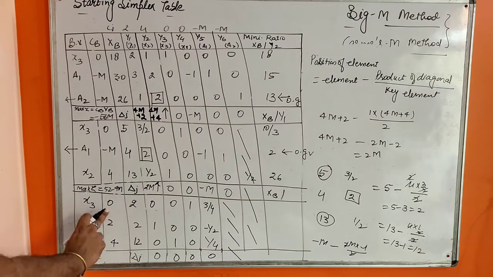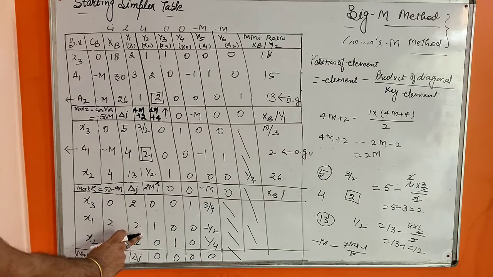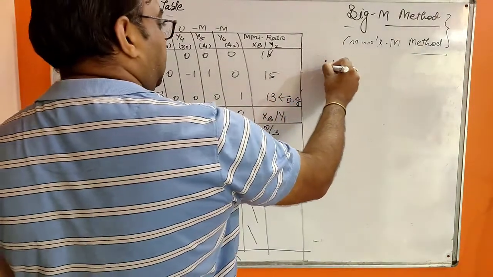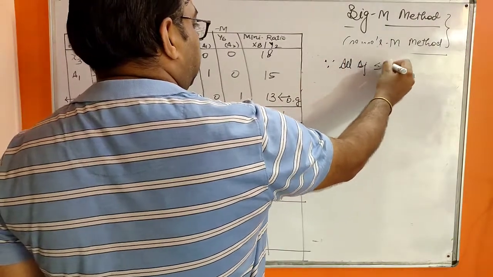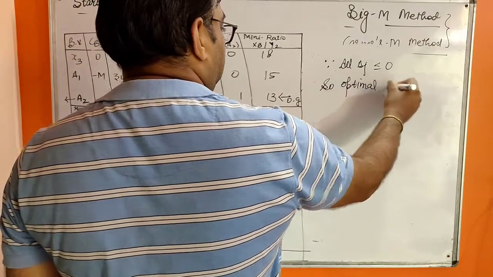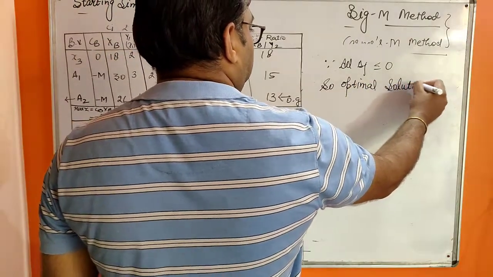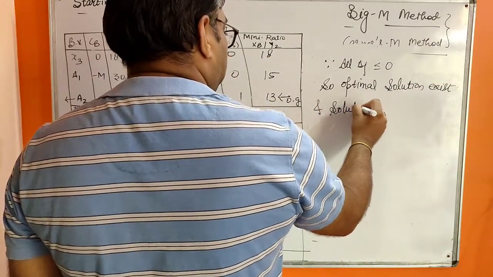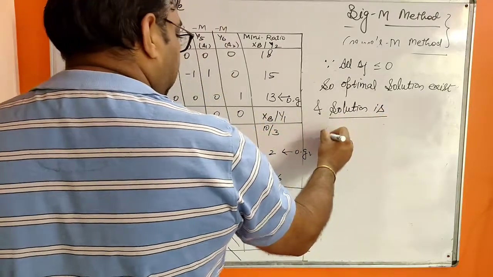And this max z will be 0 into 2, 0, plus 2 into 2, 4, plus 12 4 is 48. 48 and 4, 52. So the entire step is completed because all the delta j's are less than equals to 0. So since all delta j are less than equals to 0, optimal solution exists, and what is the solution?